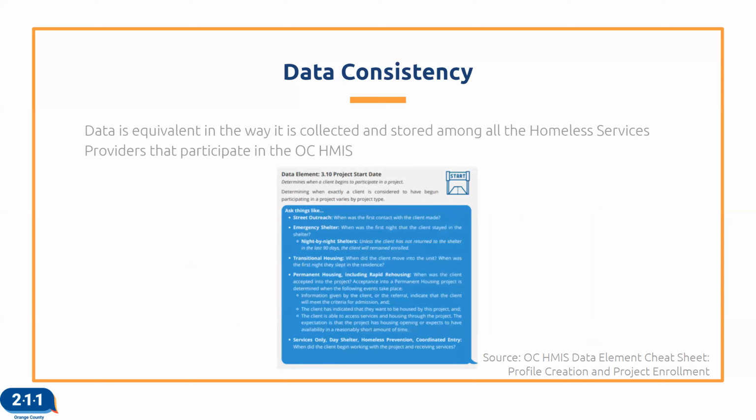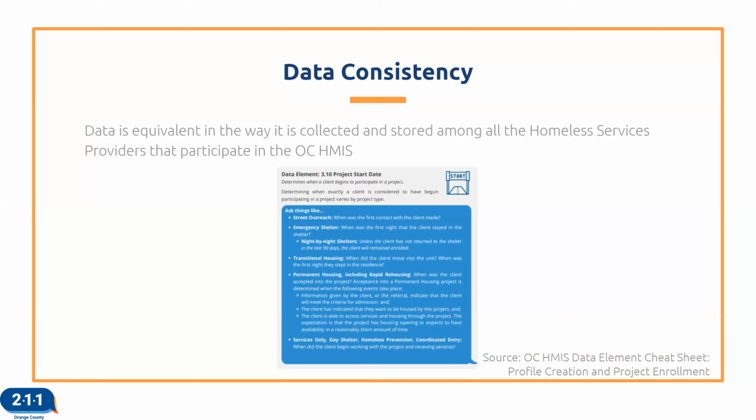The next component of data quality is data consistency. And this isn't something that we measure so much through reporting as much as it's something we address as best we can through training. So this component is making sure that users across Orange County are all collecting data the same way.